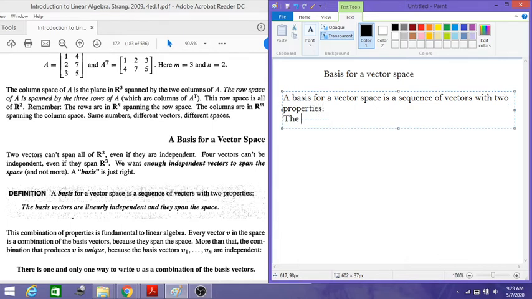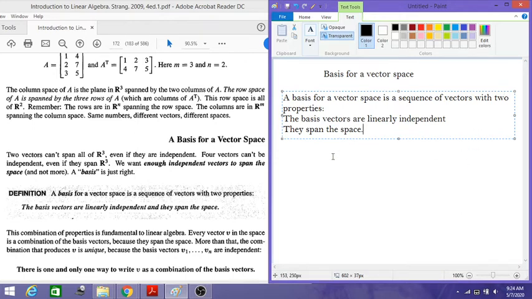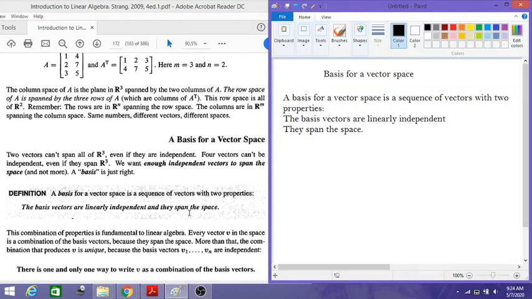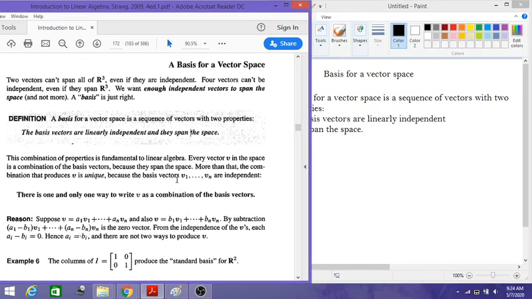That is, the basis vectors are linearly independent, which we have already seen the meaning of. And the second property is that they span the space. So the two conditions for the basis are that the vectors have to be linearly independent and they span the space. So that is what it means.